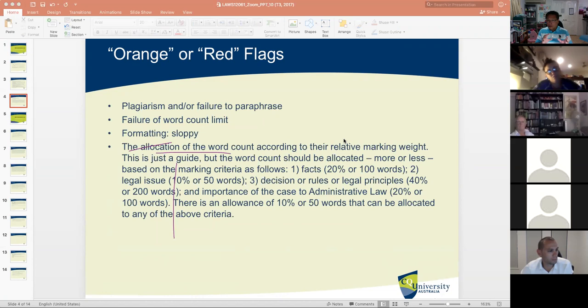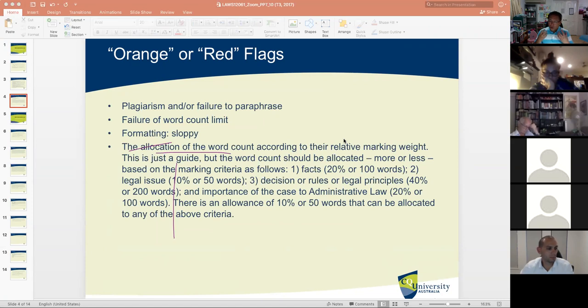The facts about 20%, or 100 words. So if the facts comprise, let's say, 300 words of the case note, you have a serious problem with that case note. There would be too many facts, and very little discussion of the legal issue, very little discussion of the decision and rules, and very little discussion of the importance of the case to administrative law.